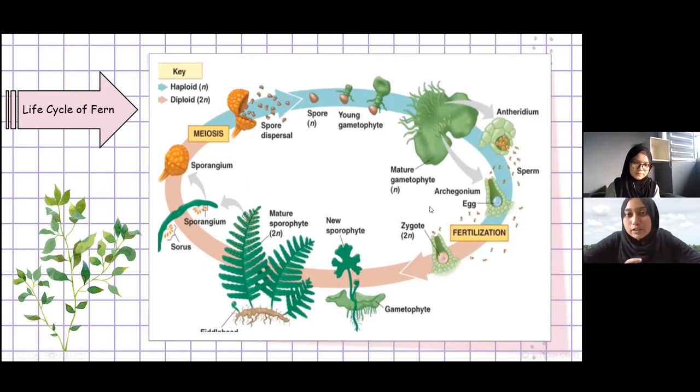When the sperm fuses with the egg, we call the process fertilization. When fertilization occurs, it will produce a zygote. The zygote is diploid, so it has 2N. From the zygote, it will develop to become an embryo. From the embryo, it will develop to become the new, tiny sporophyte.